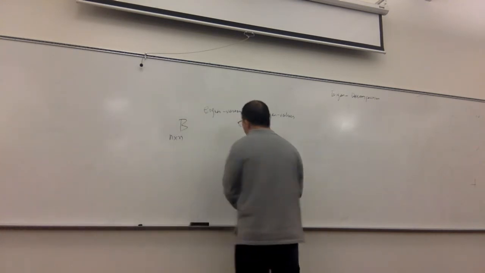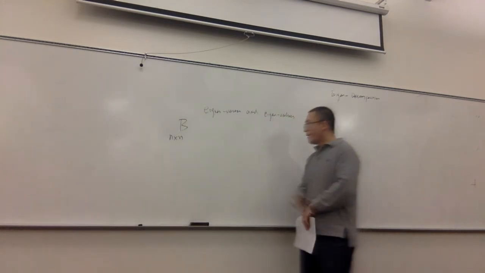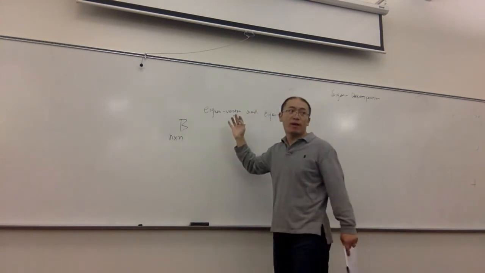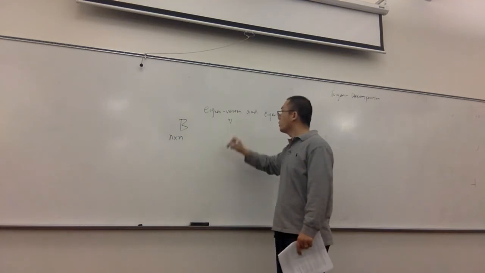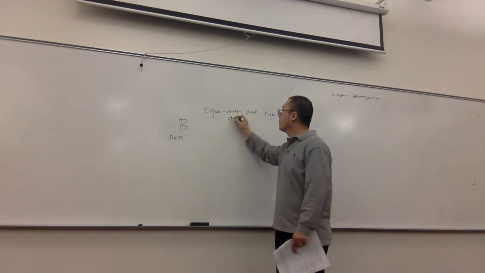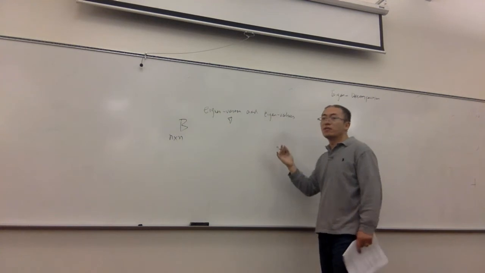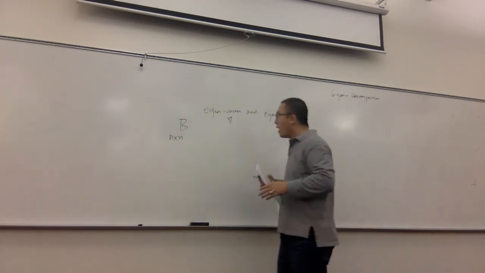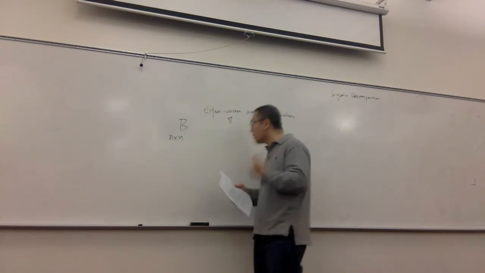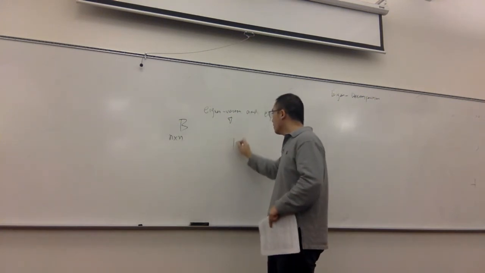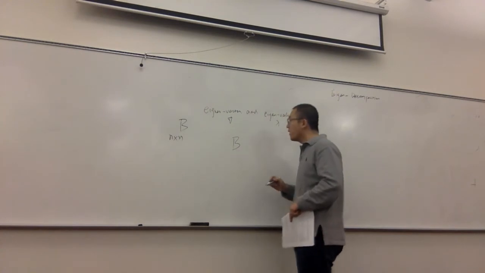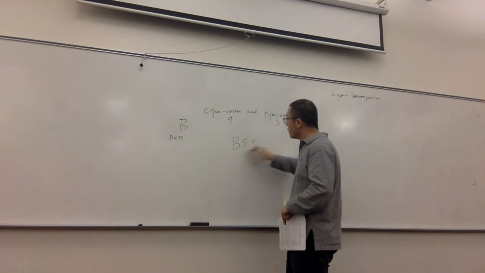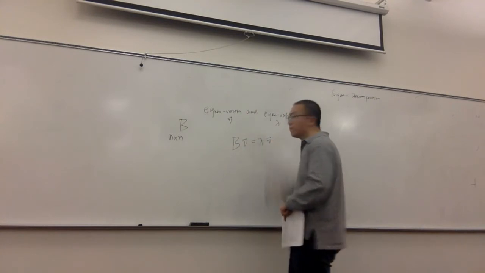So what are eigenvector and eigenvalue? As the name suggests, the eigenvector must be a vector, so we can denote it by v. And the eigenvalue is a scalar, so we can denote it by lambda. We call v and lambda a pair of eigenvector and eigenvalue if this equation is satisfied: B times v equals lambda times v.